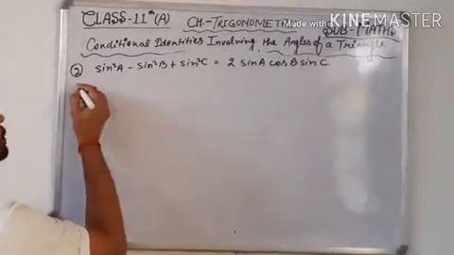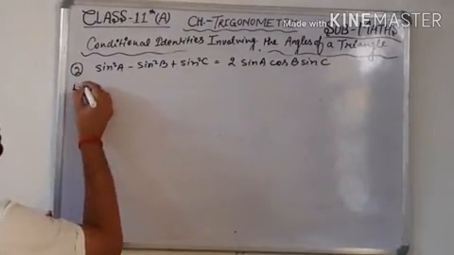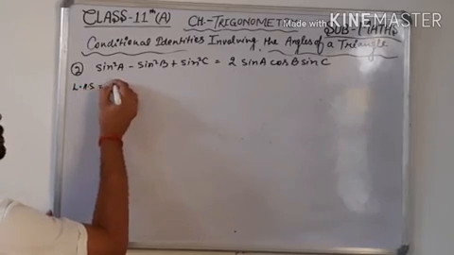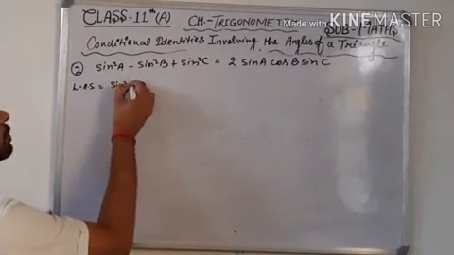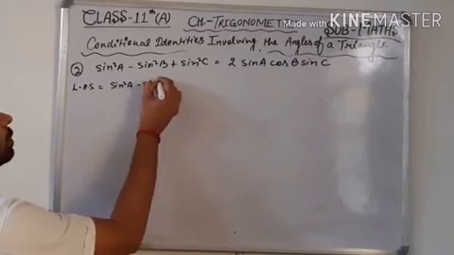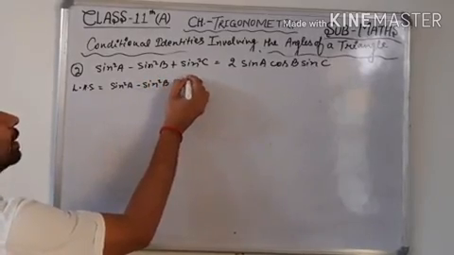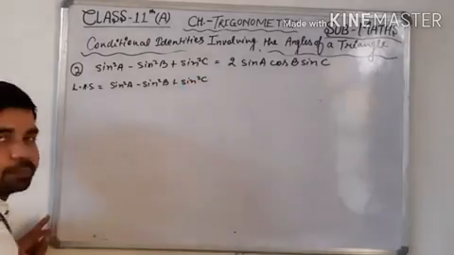In this question, we will start from the left hand side: sin square A minus sin square B plus sin square C.